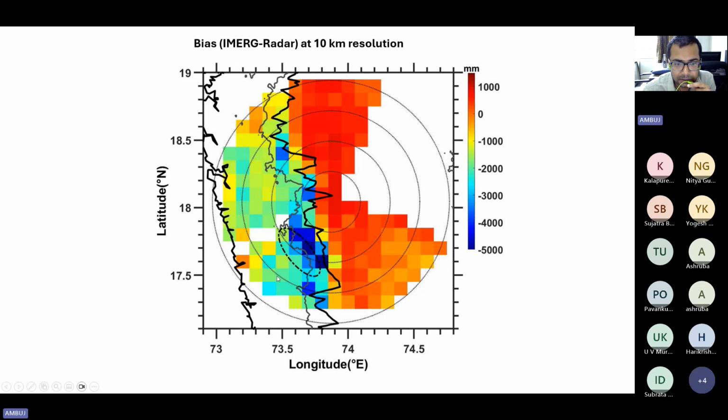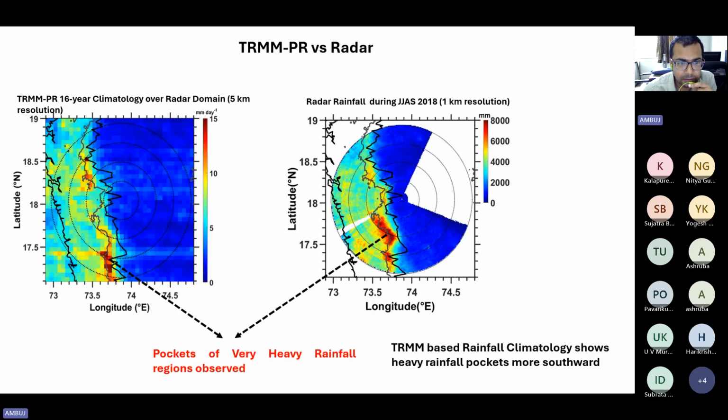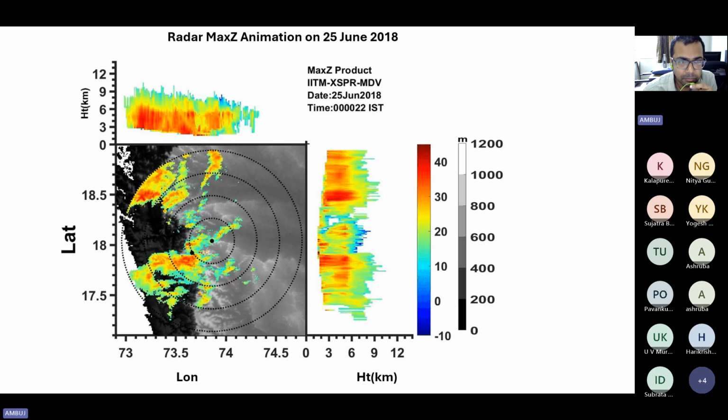This is a major concern: the algorithm is not able to capture the rainfall contributed by orographic lifting, which is why it is not able to produce the correct magnitude of rainfall over this region. This slide I will come back to if time permits.